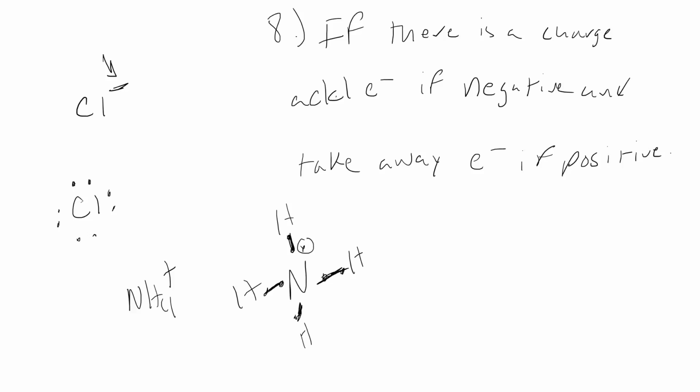Then I'm left with this guy. This guy needs to go. This is where the positive charge comes from. So we want to take away, therefore I'm left with a positive charge. As such, this is what we call ammonium.